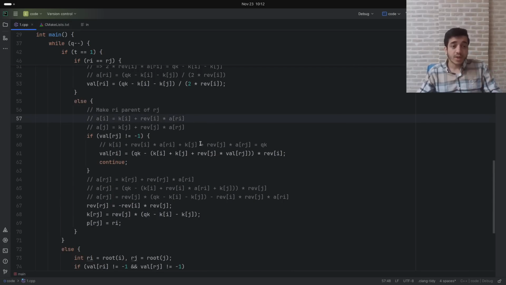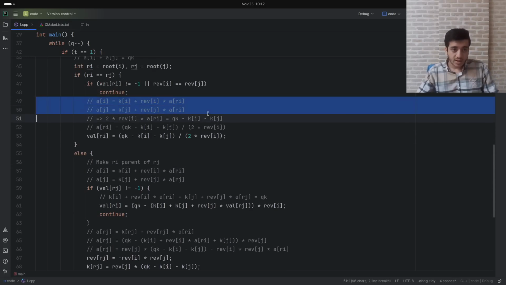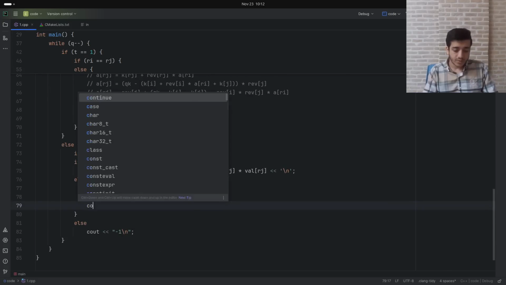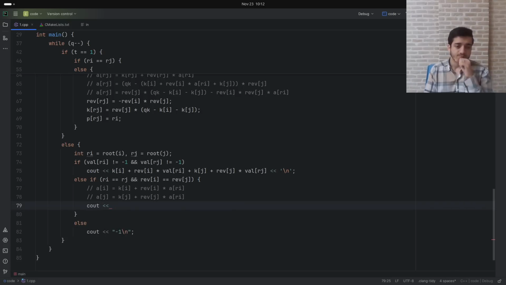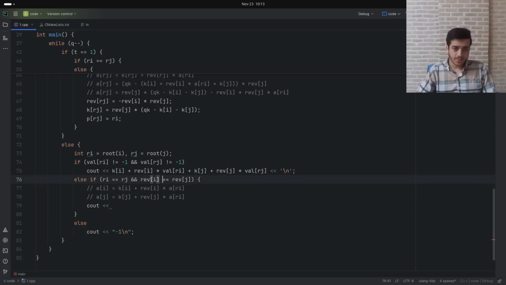So it's like this case. Okay. And we want to print the answer. What? They need to be different, sorry.